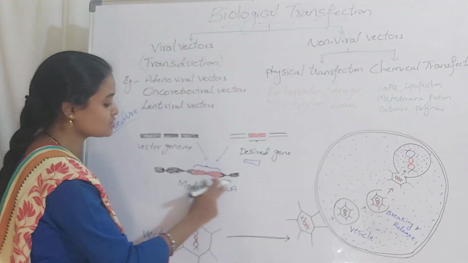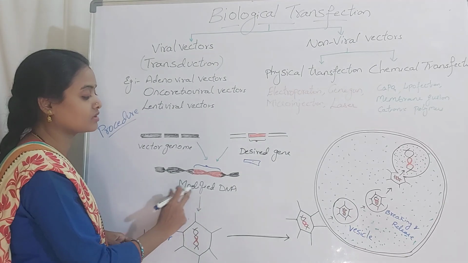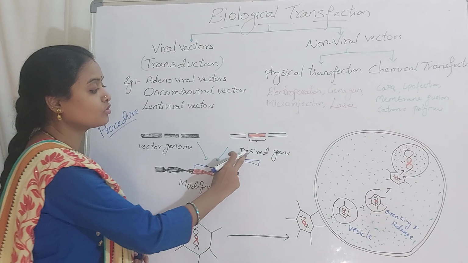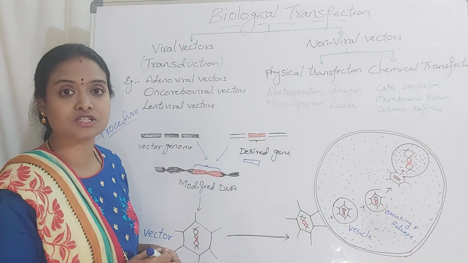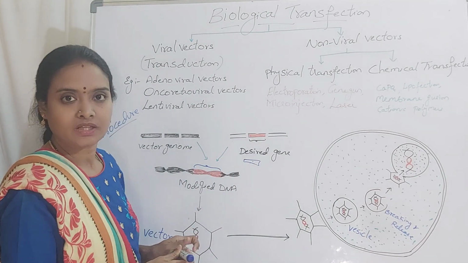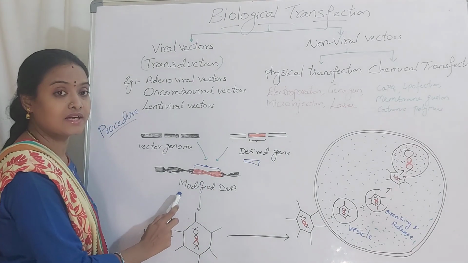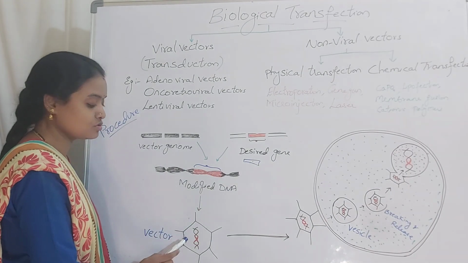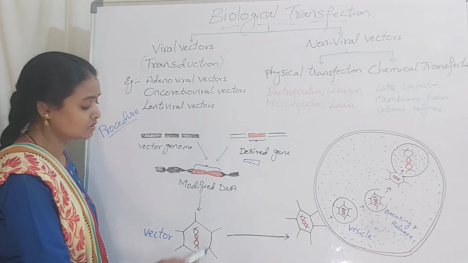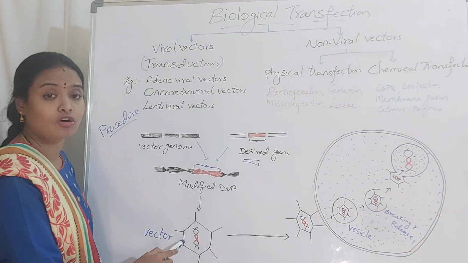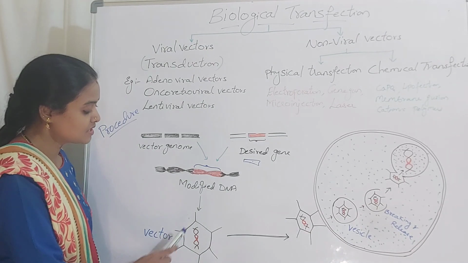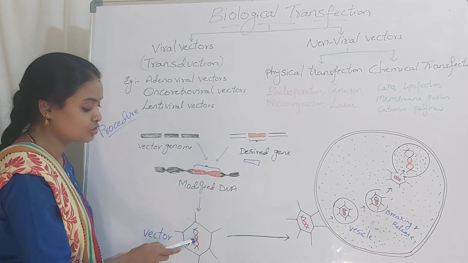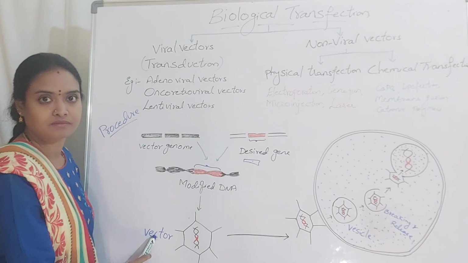So now this is called recombinant DNA or modified DNA, which consists of the viral genome and also the desired gene of interest from another organism. Is that clear? This modified DNA will be introduced into the virus. Now the virus is called a vector. That means the virus that carries the desired gene of interest in its genome is referred to as a vector.